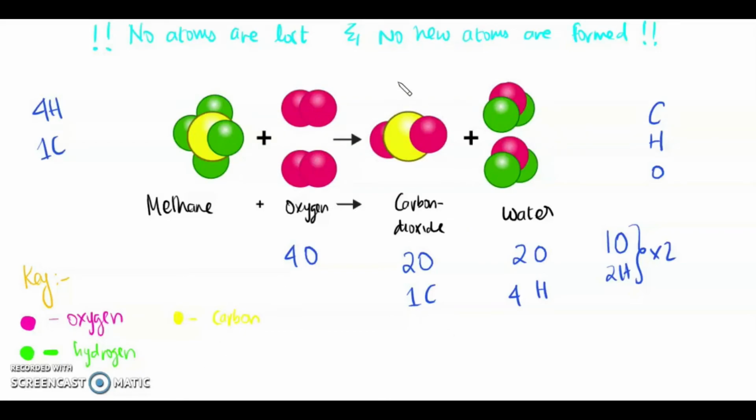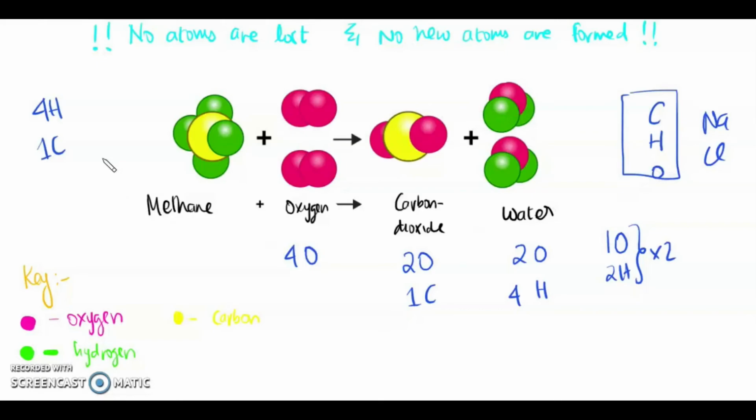The second thing that we can note is that no atoms are lost and no new atoms are formed. We started with carbon, hydrogen, and oxygen, and we end up with carbon, hydrogen, and oxygen. There's no new element, new atom being introduced. We don't suddenly have a sodium or a chloride, right? What we started with, we are ending with those same very atoms.